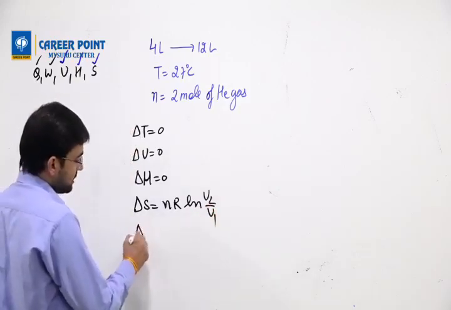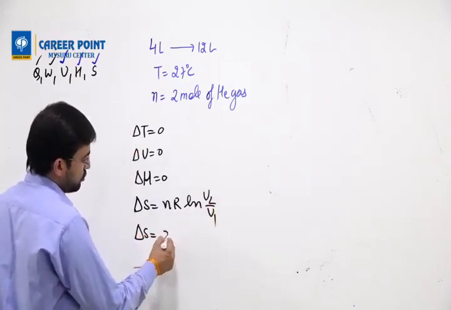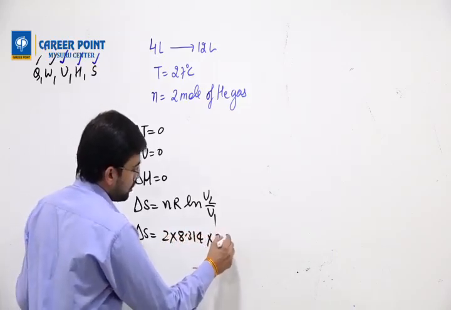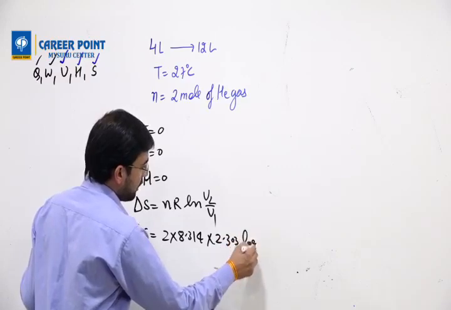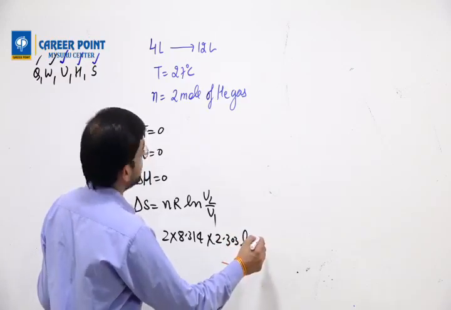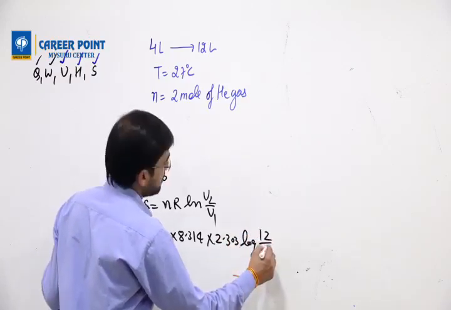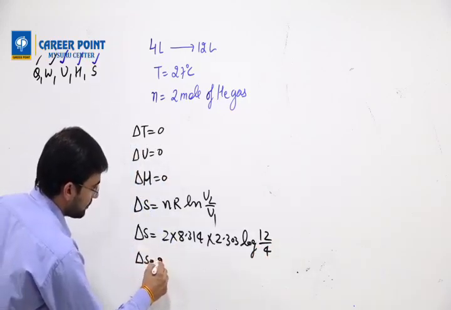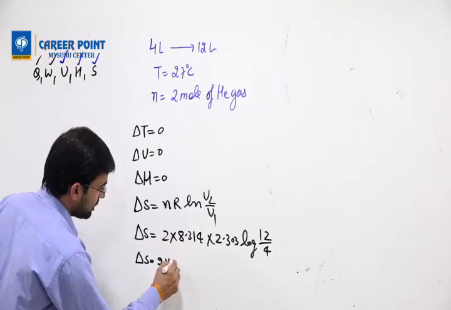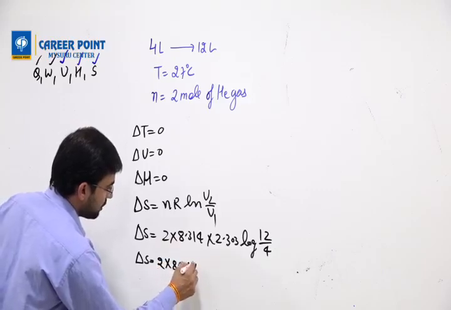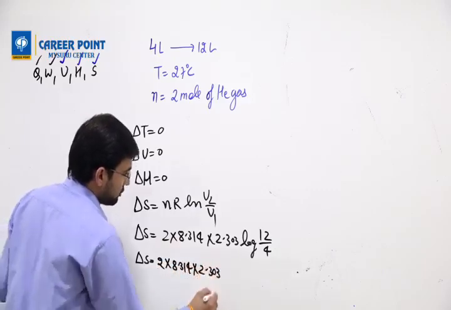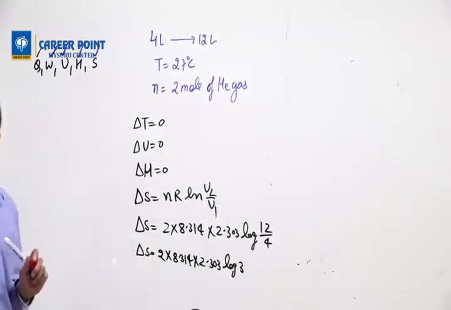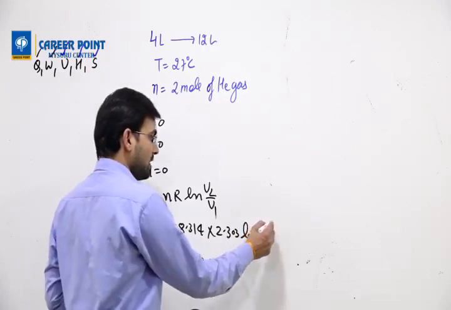Now delta S equals, how many moles? 2 moles. R, 8.314 into 2.303 log V2 by V1, where V2 by V1 is 12 by 4. So delta S equals 2 into 8.314 into 2.303 log 3, because 4 3s are 12, it will cancel.